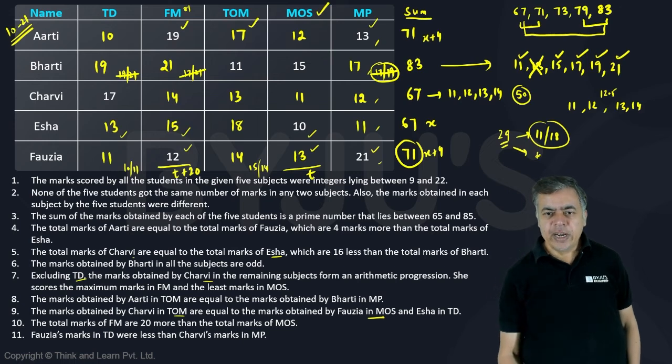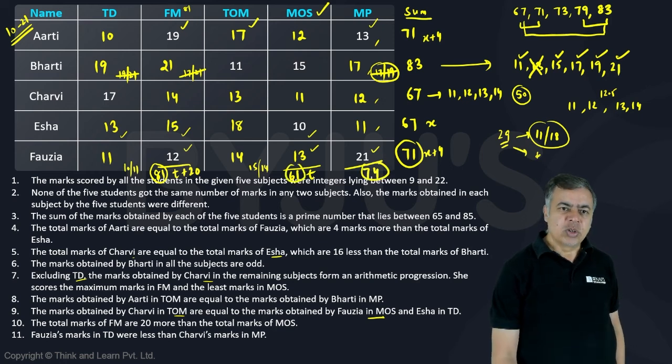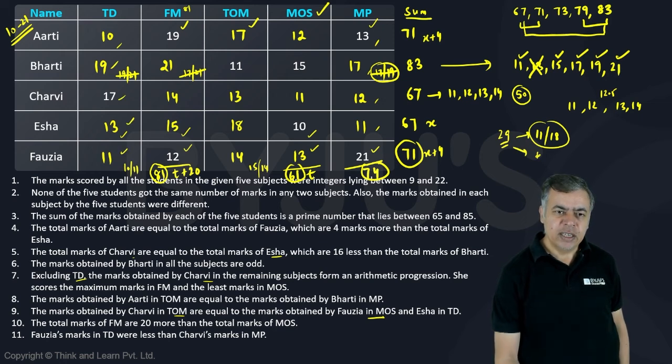Okay, we have already done this total. This was 74, right? And this total we have already calculated because this was 61 and this was 81. Right? 81, 61, 74. And now this total is 10 and 19, 29, 17, 46, 46 and 13, 59 and 11, 70.